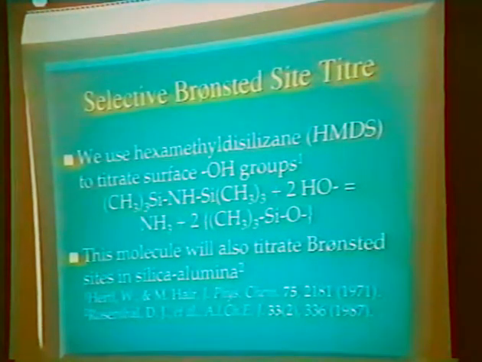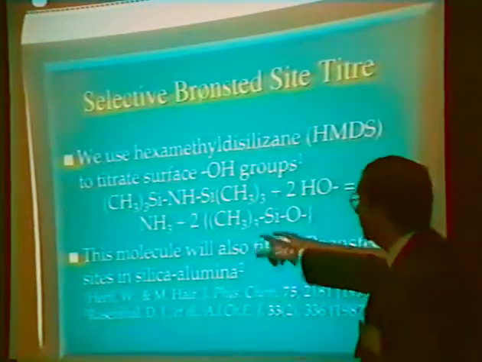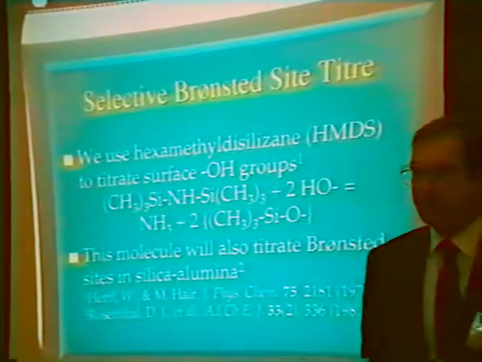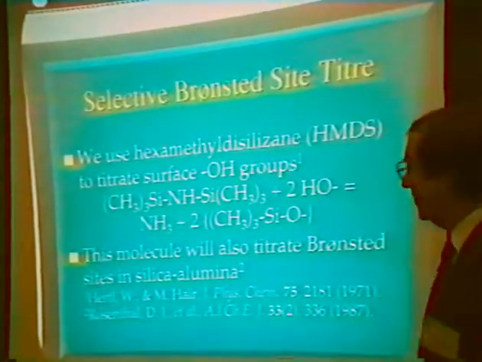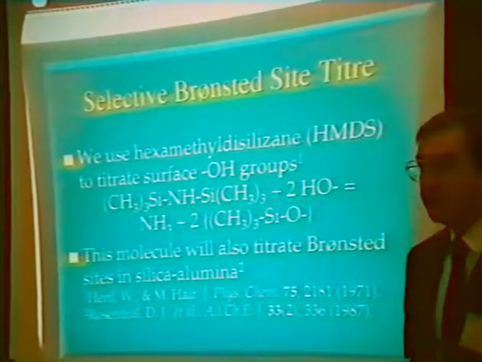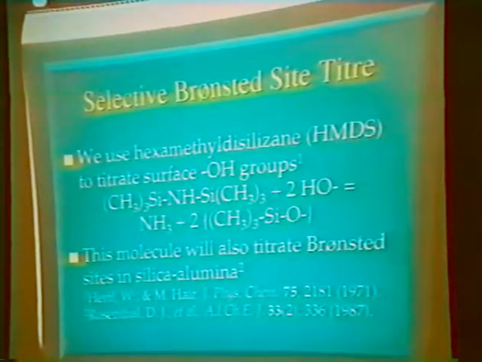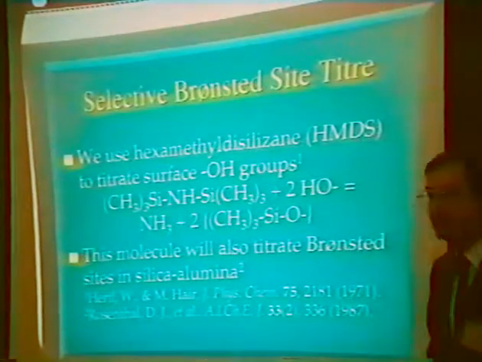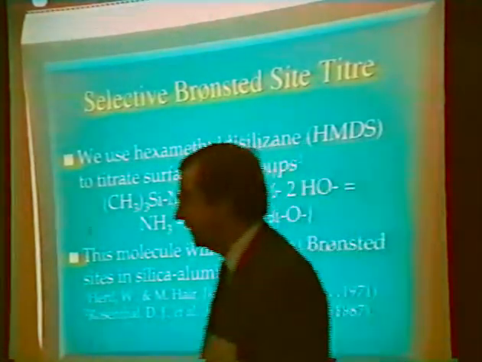That reacts with OH groups to form ammonia and silyl ethers. This is an excellent reaction to do on a TGA because the resulting surface species is so heavy, it gives you a large increase. This will also titrate Bronsted sites in silica alumina, so it can be used for strong and weak surface OH groups.